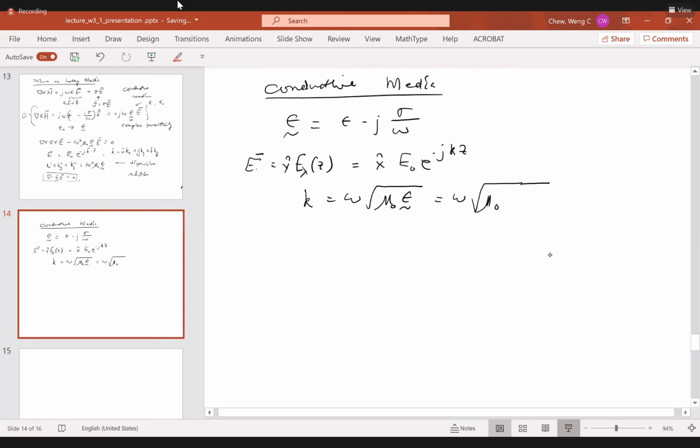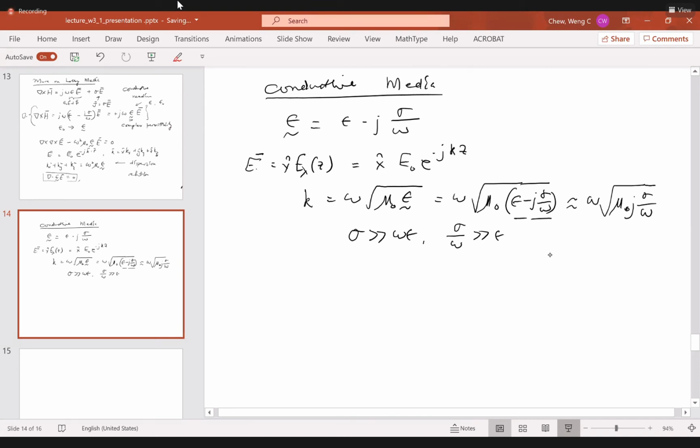When sigma is much, much larger than omega epsilon, or the same as saying that sigma over omega is much, much larger than epsilon, if this term is much larger than that term, then this is essentially equal to omega mu naught j sigma over omega. Okay, and all of us know how to take the square root of j.